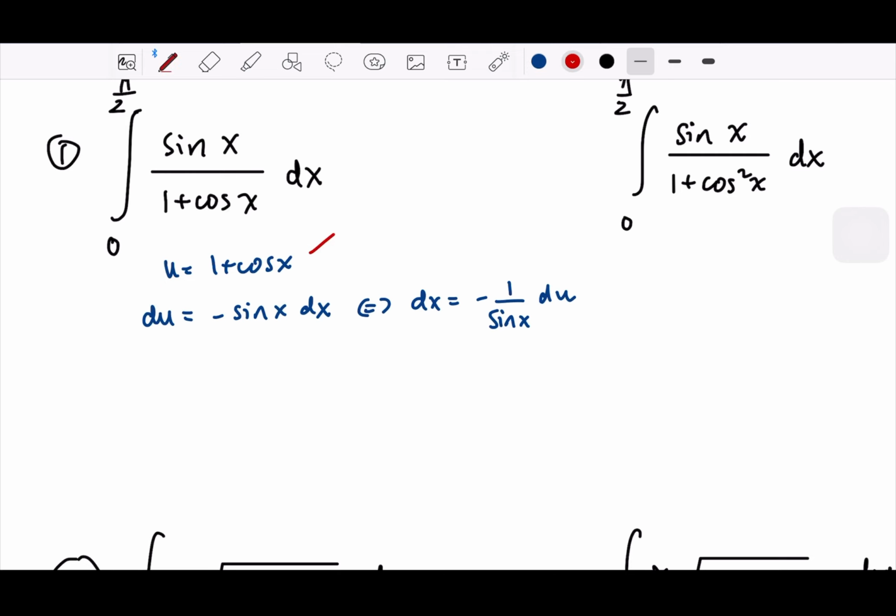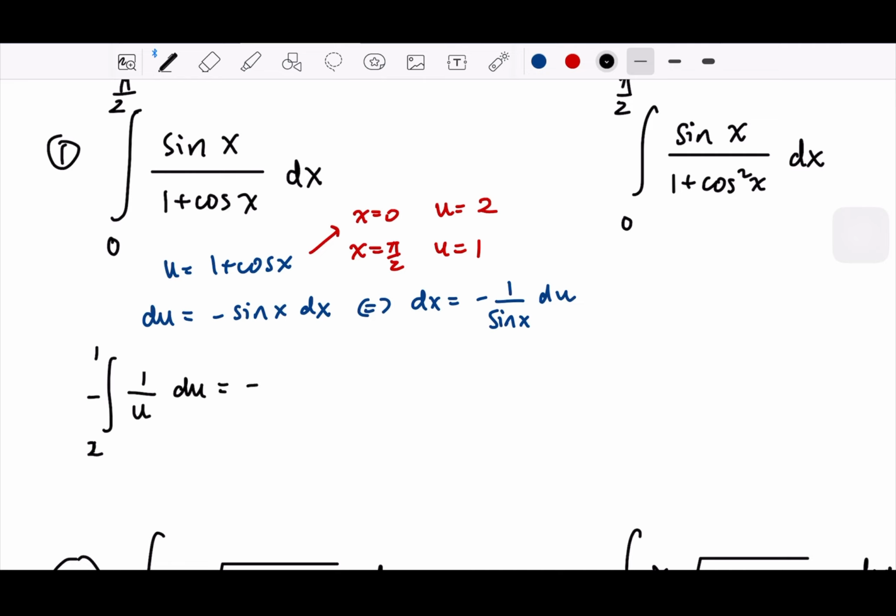Also I will change the limits: when x is 0, u is 2. When x is pi over 2, u is 1. So we have the integral from 2 to 1 of negative 1 over u du.